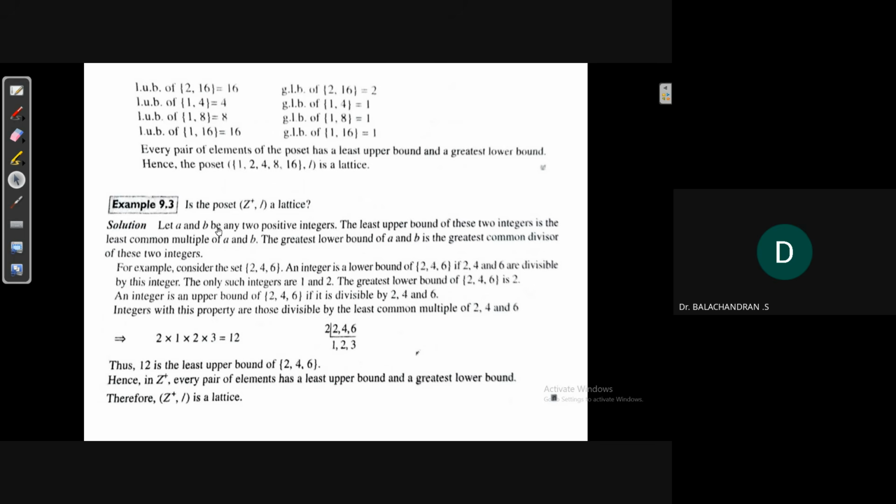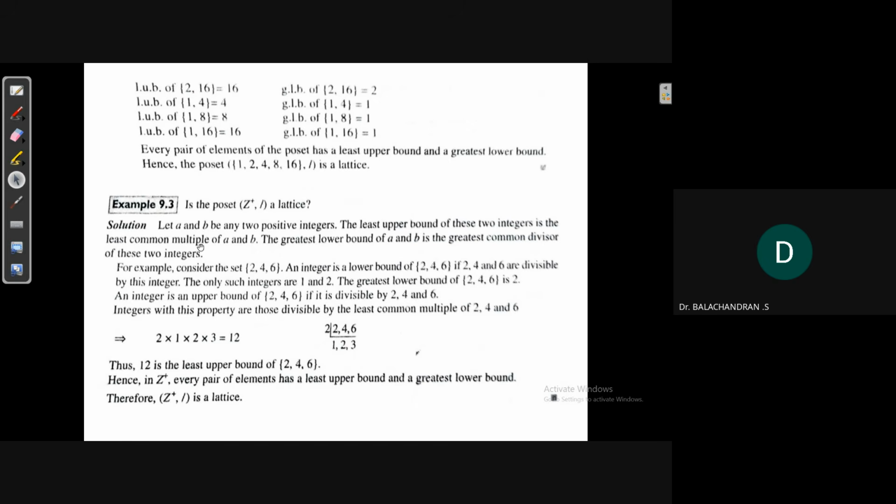If A and B are any two positive integers, the least upper bound of these two integers is nothing but the LCM, the least common multiple of A and B, because here the relation is divisibility. Similarly, the greatest lower bound of A and B is the GCD of the two integers. That's all.